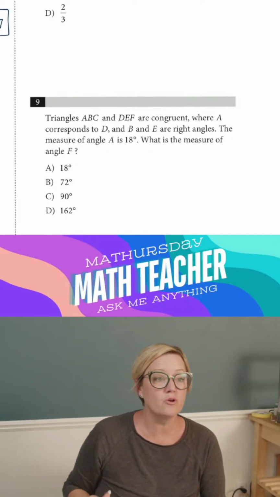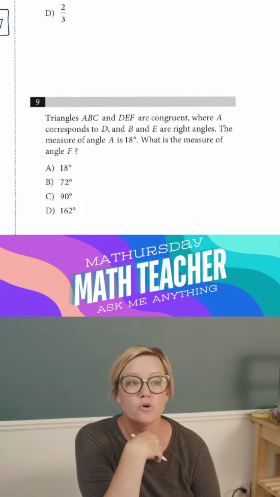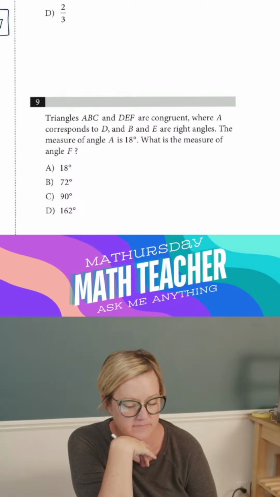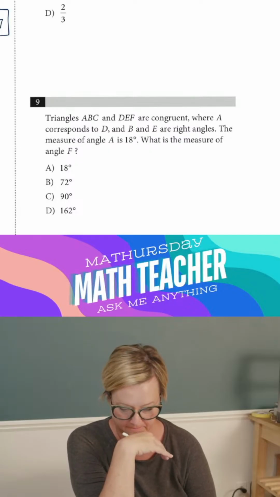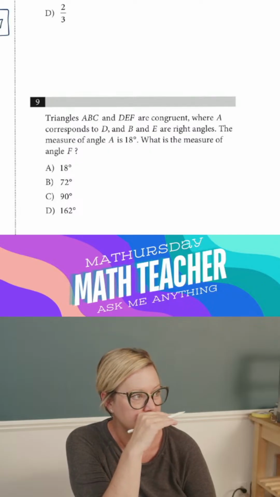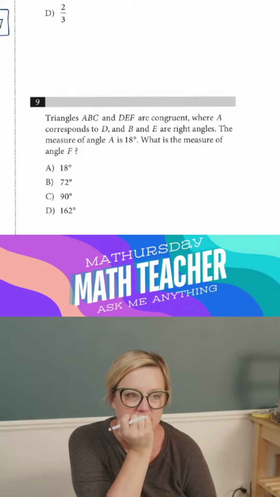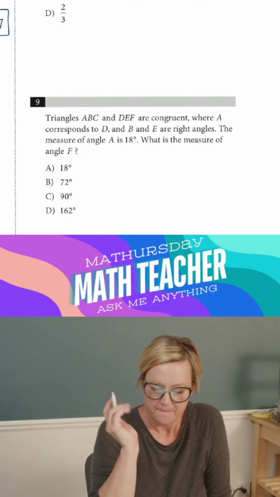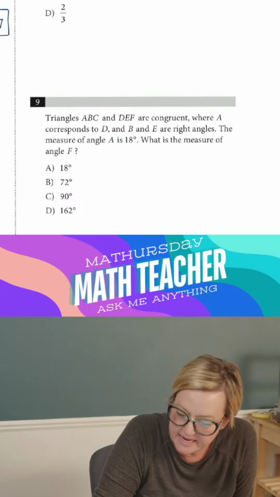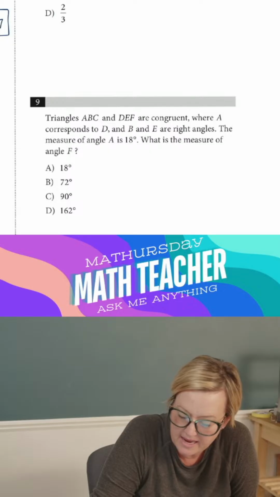Okay, so congruent. A couple of people have asked for congruent. Congruent means equal: same shape, same size. All right, so we've got triangles ABC and DEF that are congruent, where A corresponds to D, and B and E are right angles.